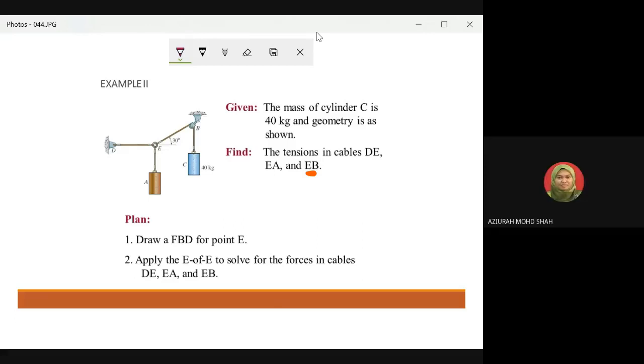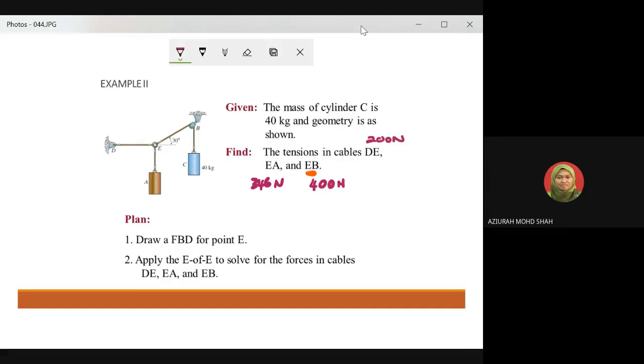E, EB. Okay. EB berapa? 400 Newton. Okay. EA, 346 Newton. DE, 200 Newton. Okay, this is the answer from our class representative.